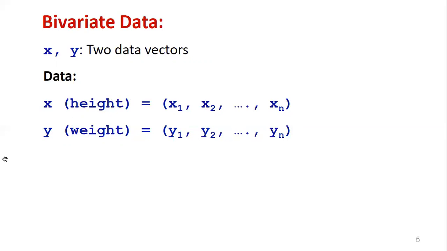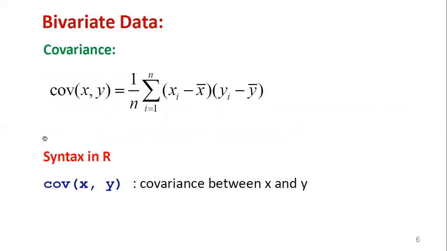Now in the correlation coefficient, we will consider x and y as two data vectors, where x is height, then y is weight. Then first we will see coefficients along with their formulas, then the equivalent syntax used in R.